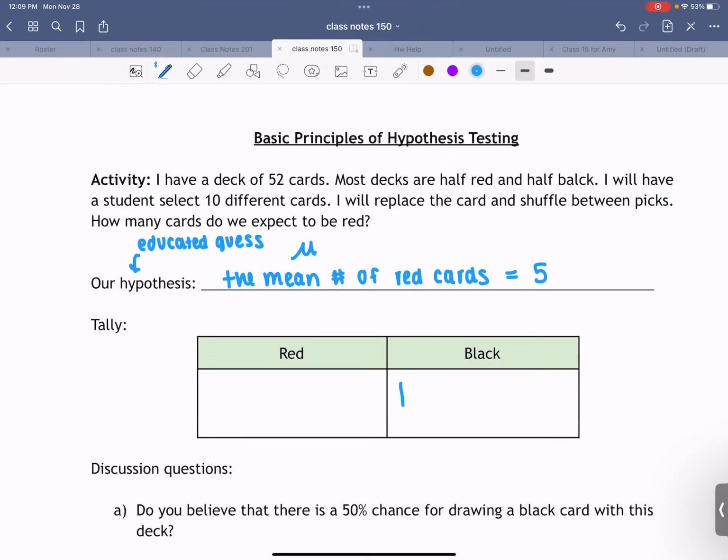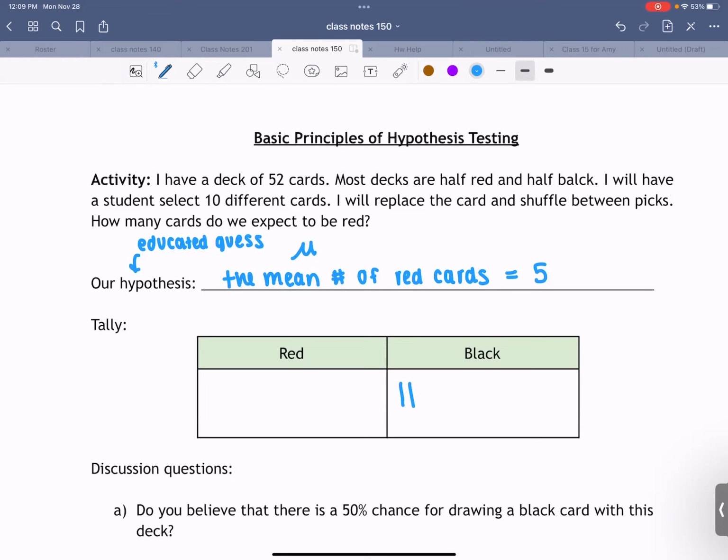I don't have to shuffle too well because I'm only putting one card back. All right, what's next? Looks like it's a black card. Good. Back at random, and we'll make a tally mark here. I'm going to shuffle it a little bit, but we don't need to shuffle it too much.